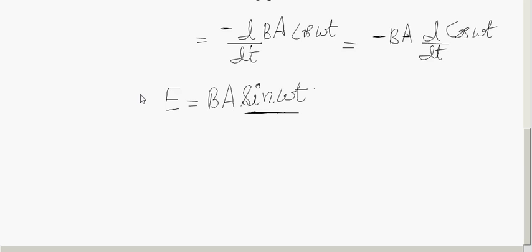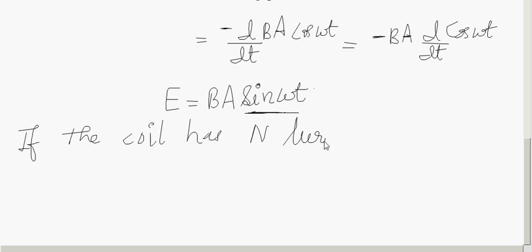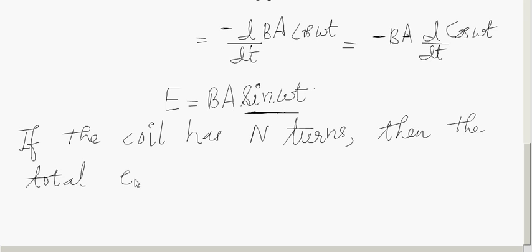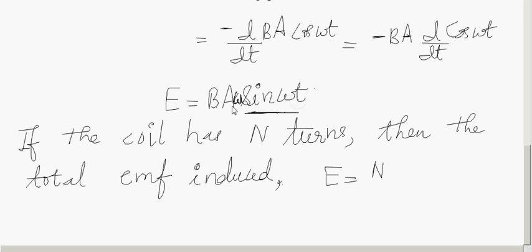So if the coil has N turns, then the total EMF induced will be this equation multiplied by N. Just correct it: BA omega sin omega t, because the differentiation of cos omega t gives B into A into omega sin omega t.